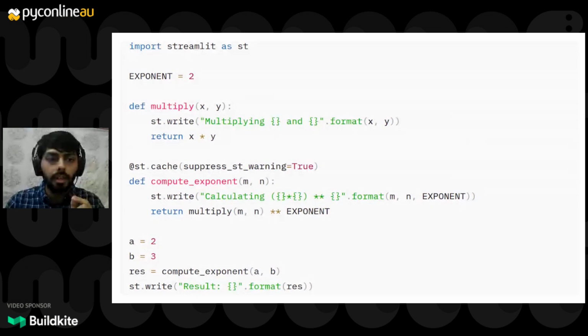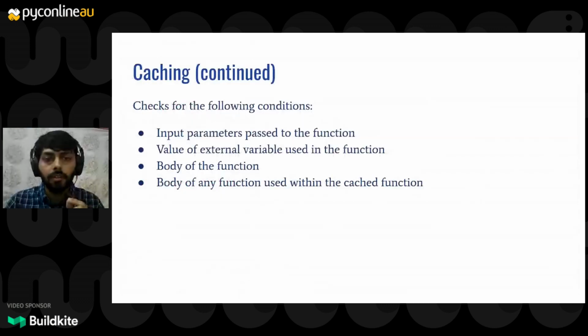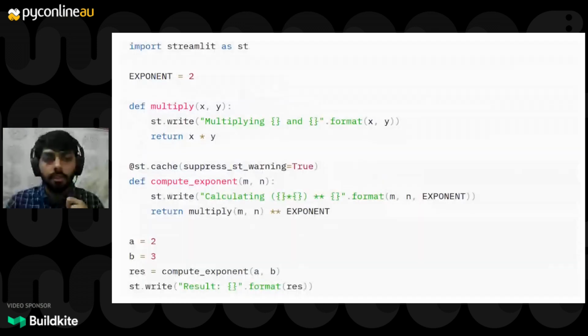The last condition that it checks is the body of any function used within the cached function. For our example, we have another function called multiply that is used inside the function compute_exponent. So if we change the body of that function, then the function compute_exponent won't be cached in the subsequent runs.